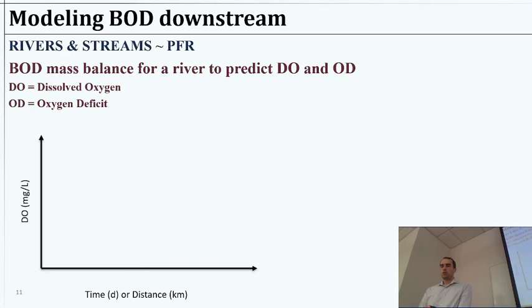if we discharge BOD into a river or stream in particular, we can assume that it's going to act kind of like a plug flow reactor, where there's a constant balance with re-aeration, the equilibrium of our atmosphere with the water. If it's flowing quickly, there's more interaction with the air.